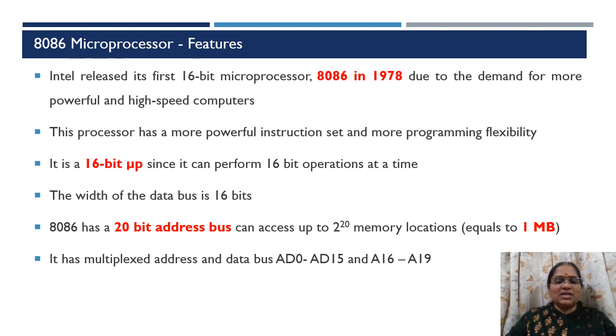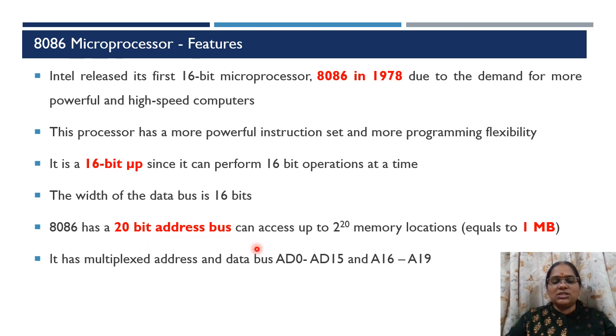It has a multiplexed address and data bus. That is, the same communication lines, that is pins, available in the processor are used for both address and data. Totally 20 lines are needed for address and 16 for data. If you allocate separate lines, it will not be sufficient, because 16 are needed for data and 20 for address.